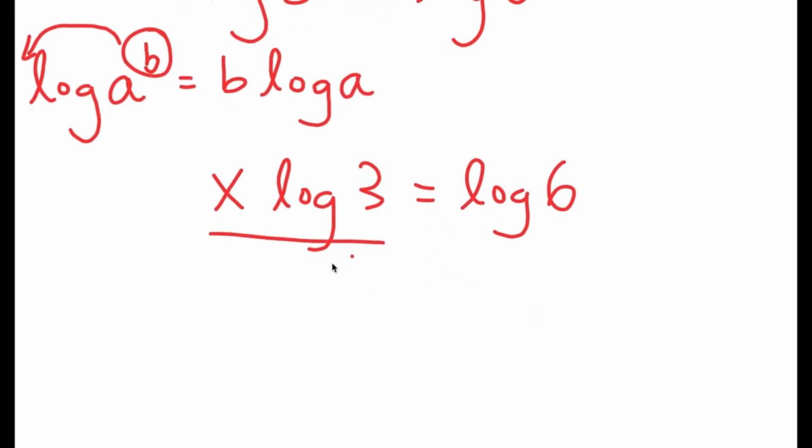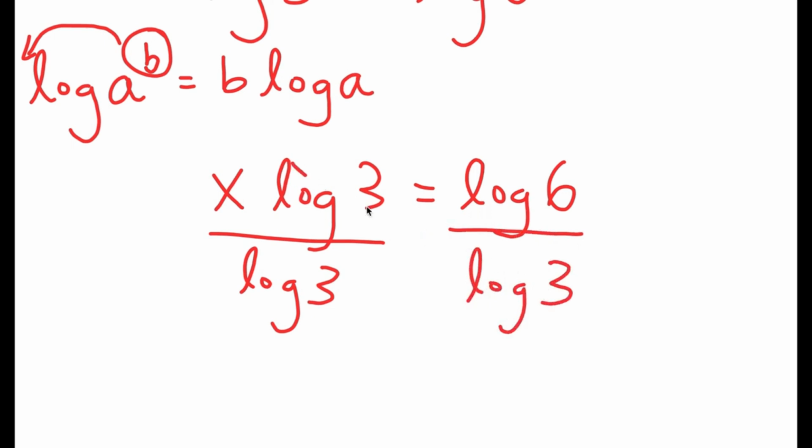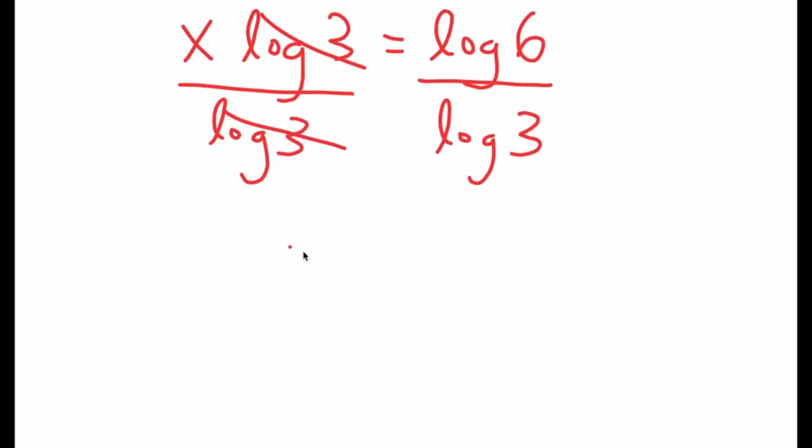Now I'm going to divide both sides by log 3, because again, we want to isolate x. By doing this, these two cancel out, and I get x is equal to log 6 over log 3.